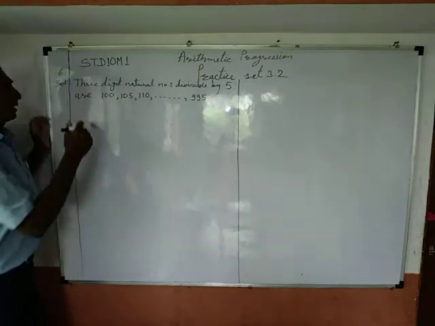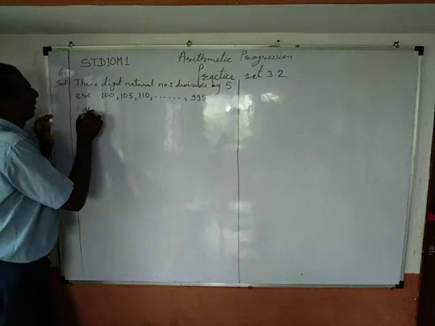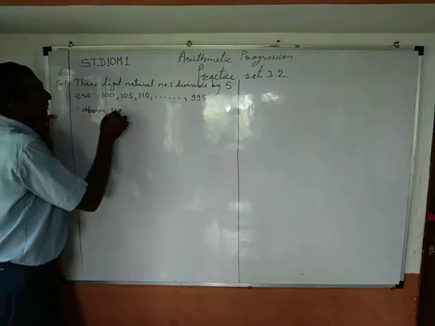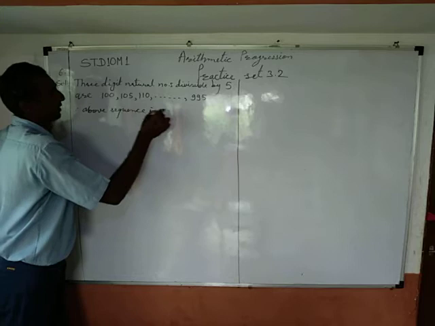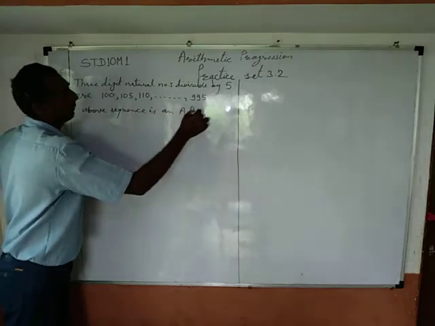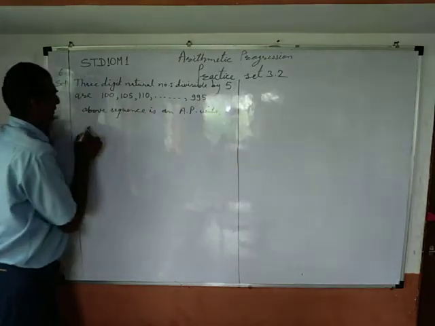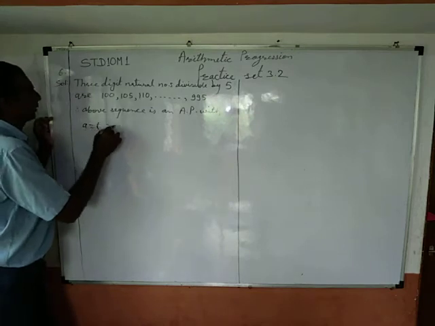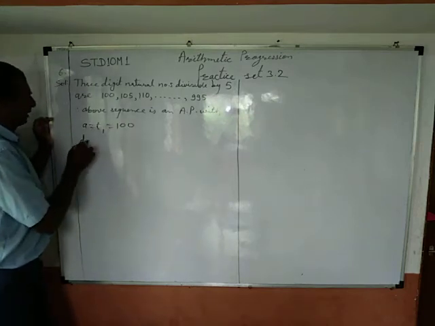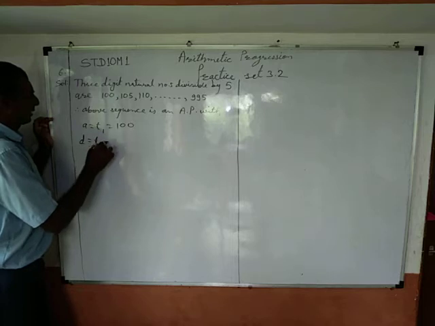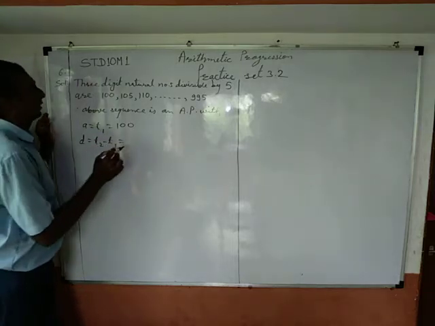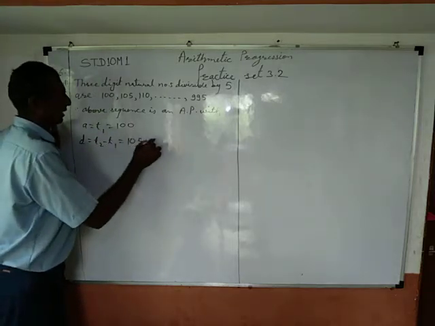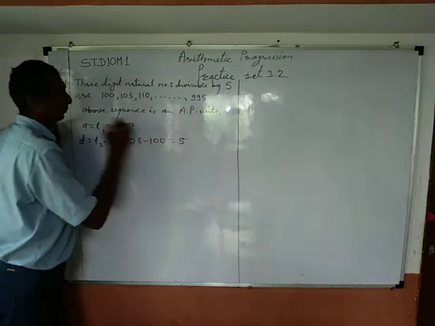And therefore the above sequence is an AP with A equals T1 equals 100, D equals T2 minus T1 equals 105 minus 100, which gives us 5.